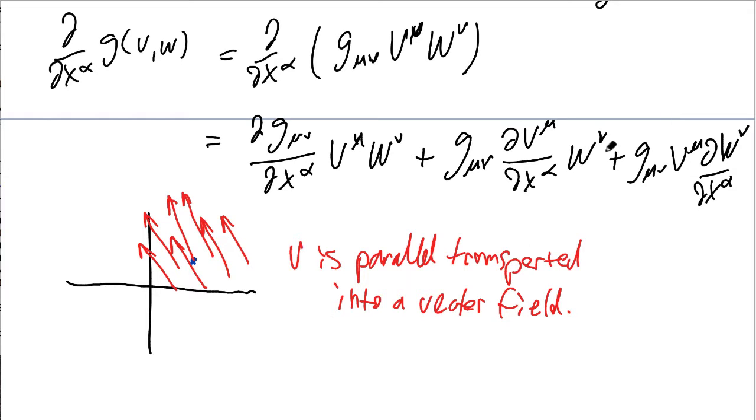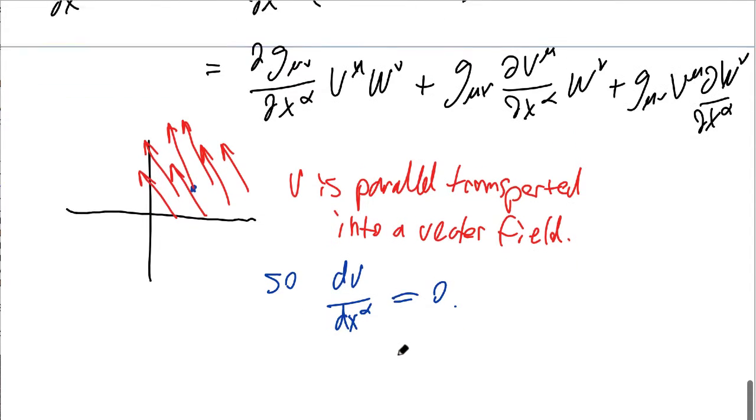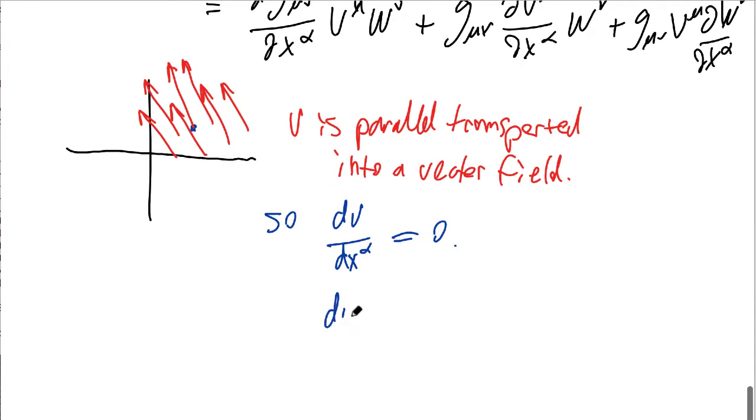All right, now that means that if we differentiate the vector field v along any direction, we'll get 0. So dv d lambda, or dv d x alpha, if you like, or any other direction, is 0. And remember, this is the covariant derivative.